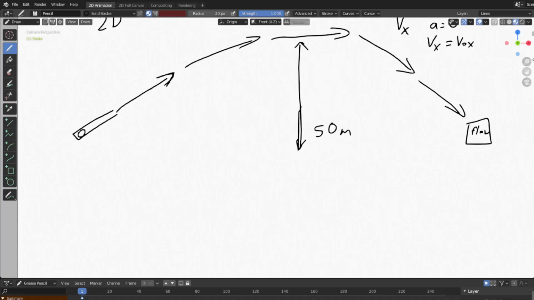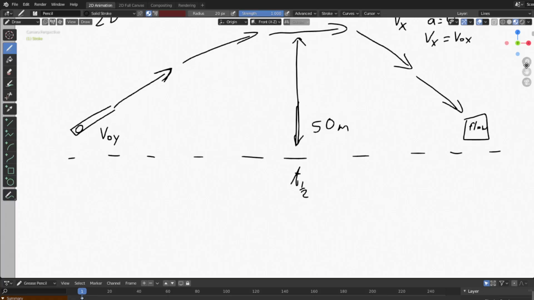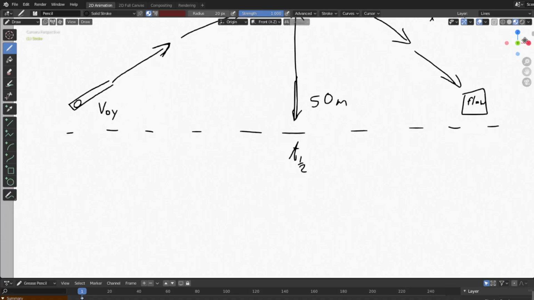So first we're going to try and figure out what v naught of y is. And a thing that should help is that because v of x is equal on both sides, this should be like t1 half, exactly.